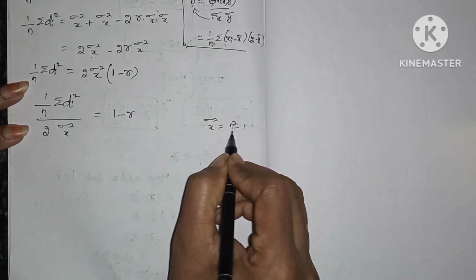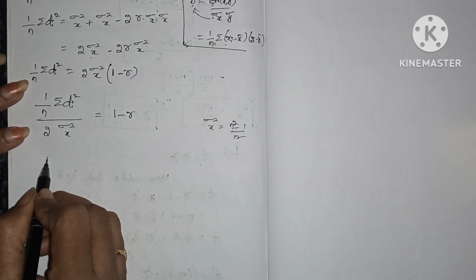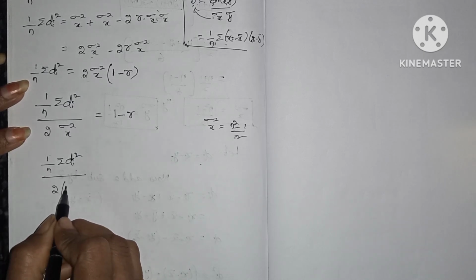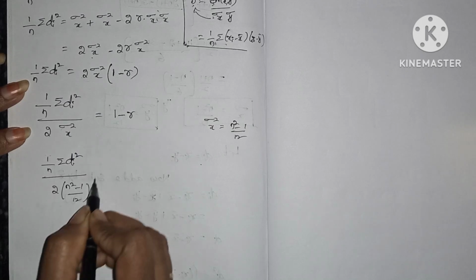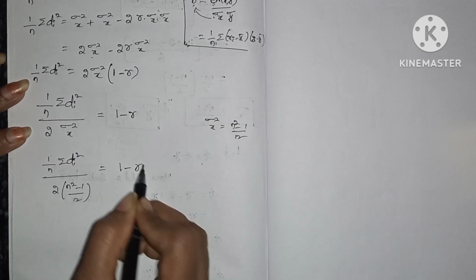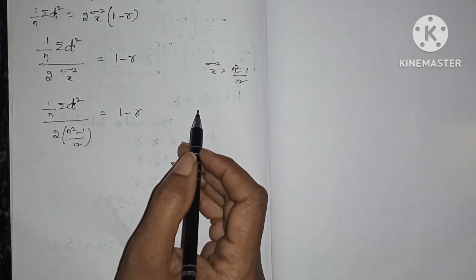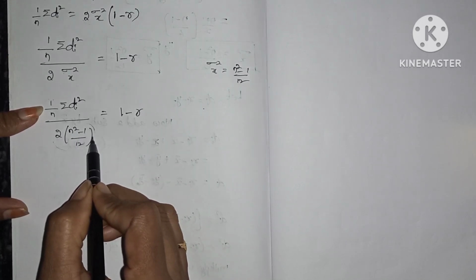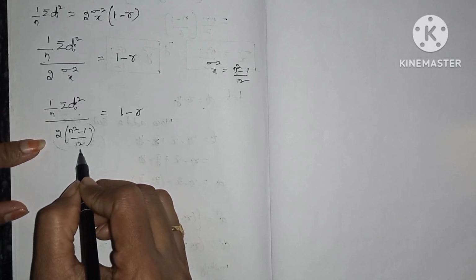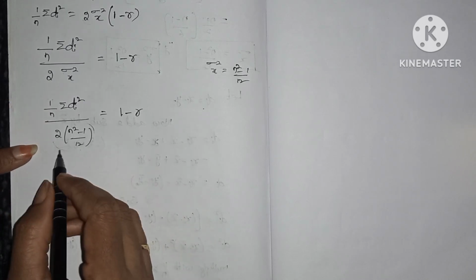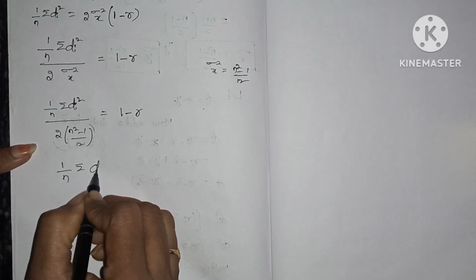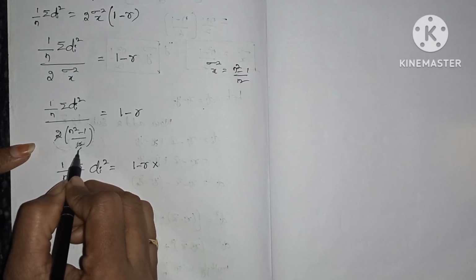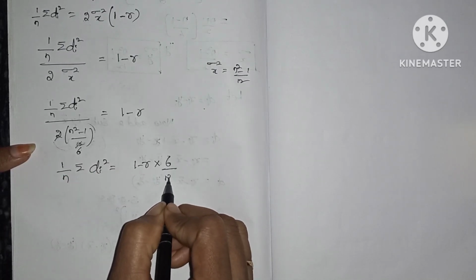So we have to substitute here. 1 by n summation di square by 2 into n square minus 1 by 12 equals 1 minus r. Now this full term I'm going to transfer from LHS to RHS. So 1 by n summation di square equals 1 minus r into 2 ones are 2, 6 are 6, so 6 by n square minus 1.